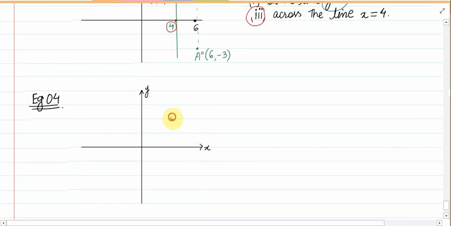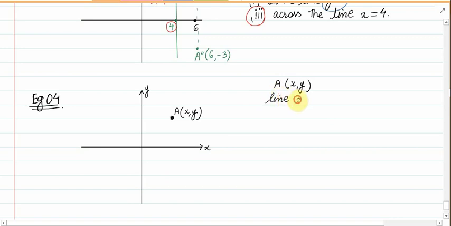Suppose that you have a point here, its coordinate is x comma y. So we have a point and its coordinate is x comma y. At first we need to reflect it across the y-axis, I can say, or in the line x equals 0. It also means the y-axis.